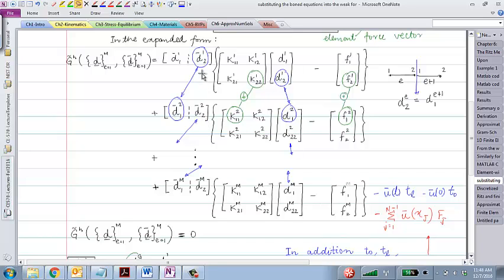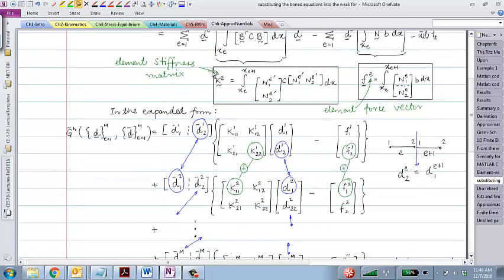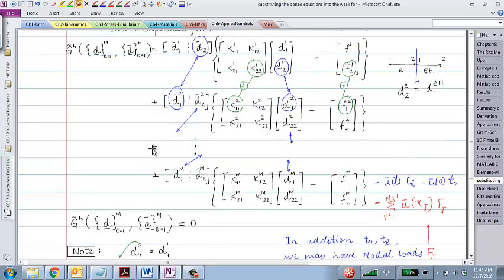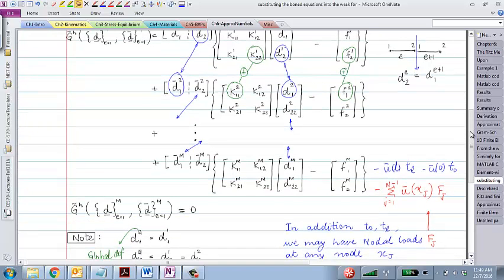So if you sum up all of these equations, this first row is for element 1, plus second row for element 2, and similarly plus for all of the elements, however many elements you have, and the last row is for the last element. So it's not that each element itself is in equilibrium by itself. It's the sum of all of those elements that are in equilibrium with respect to each other and in totality.